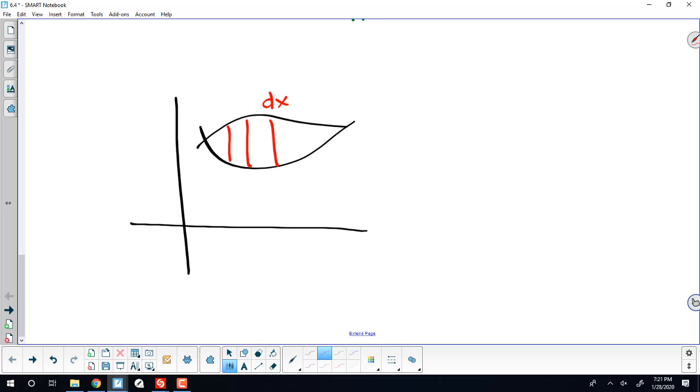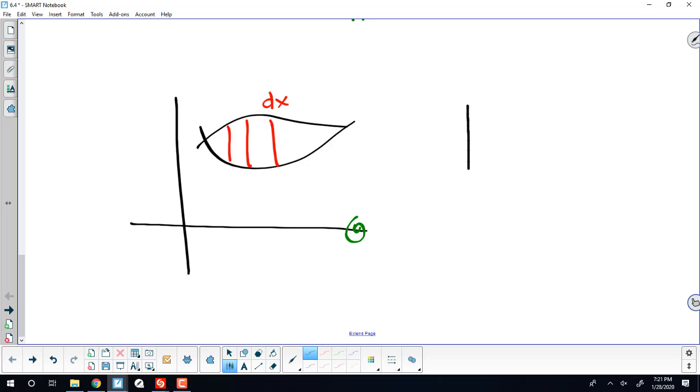Let's say we want the volume revolved around the x-axis, then clearly integrating with respect to x is easier. If I'm already revolving it around the x-axis, now my slices are perpendicular to my axis of revolution, so the disk method or the washer method is the easiest thing to do here.